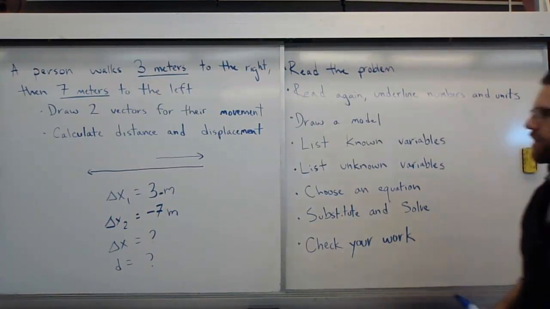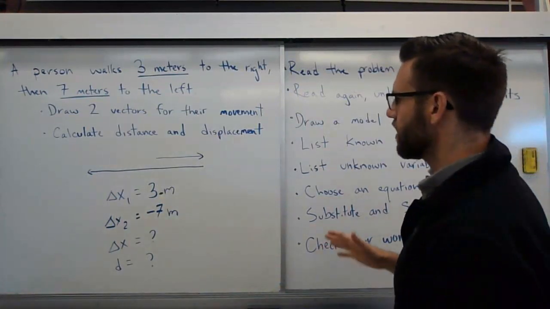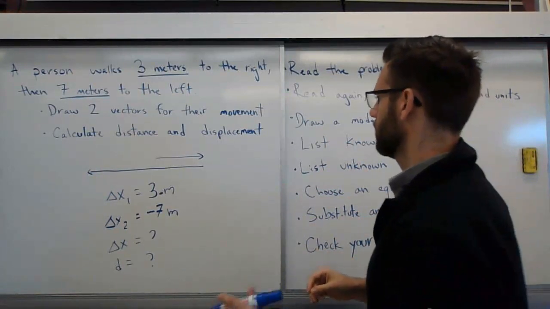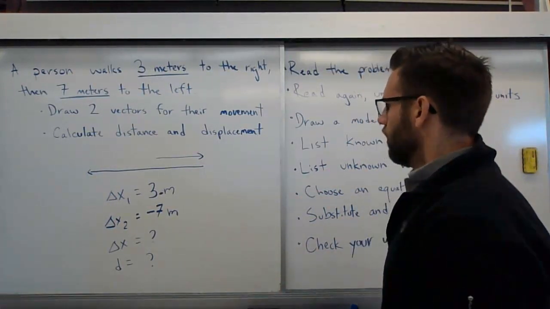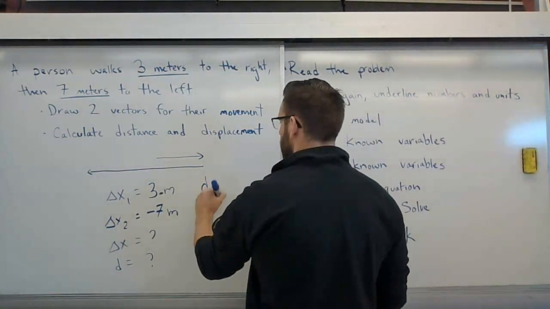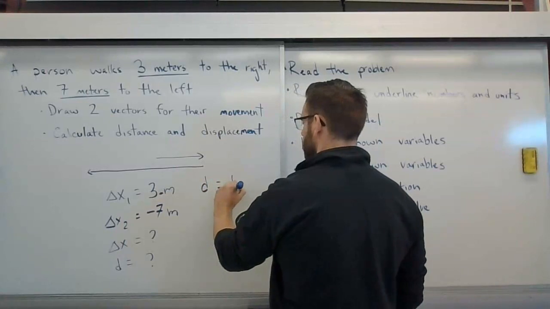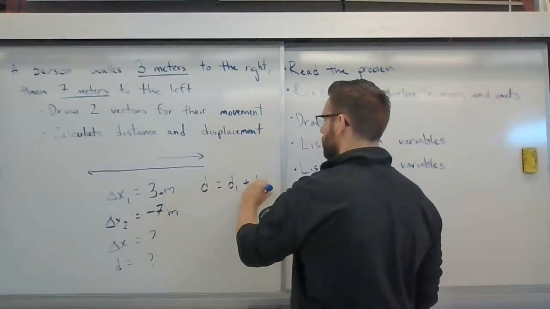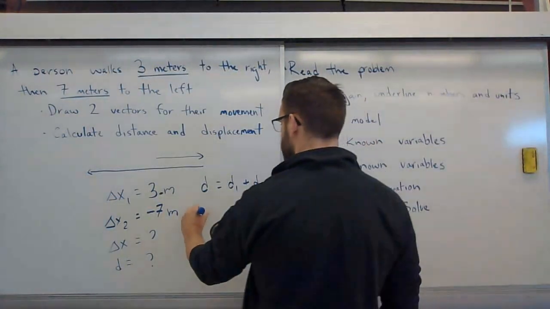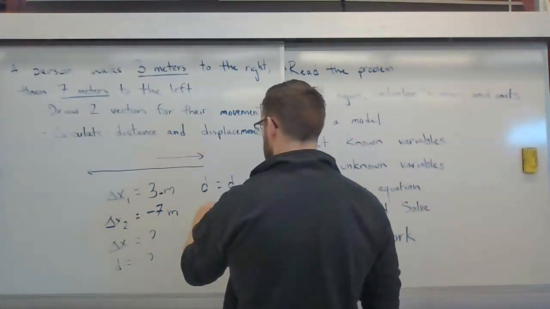Now I want to choose an equation. Well, I know that distance is just all the numbers added up together. So I could say that distance is distance 1 plus distance 2, and there's no negative numbers here. All right, delta x, my total displacement, is the same thing.